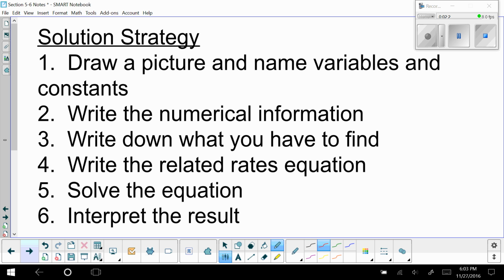With optimization, whatever you were finding a max or min of is what you wrote an equation of. Here, with related rates, you can write any equation you want as long as it involves the variables that you're talking about. Once you have it, you take the derivative with respect to time, plug in the values you know, and solve it for the rate that you're looking for. And again, make sure you're tying your answer back in to the original problem statement.